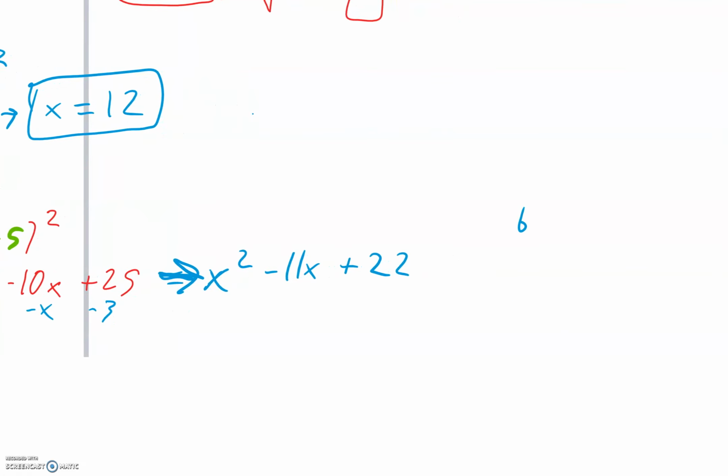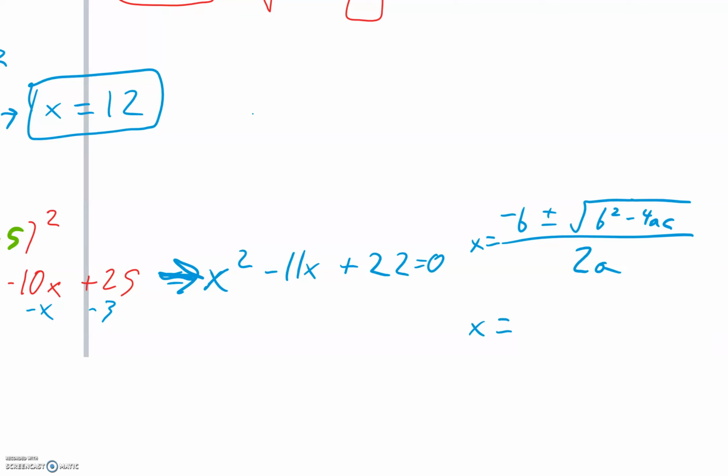So that's negative b plus or minus square root of b squared minus 4ac all over 2a. Because this equals 0. So let's get this value. So x equals, and now we just have to plug in all of our numbers.